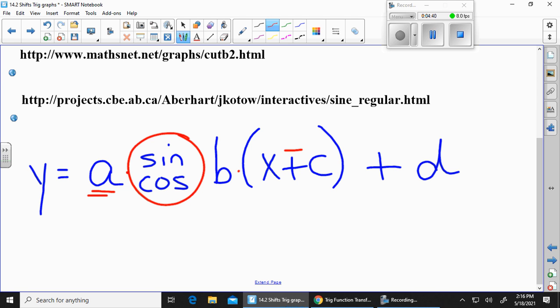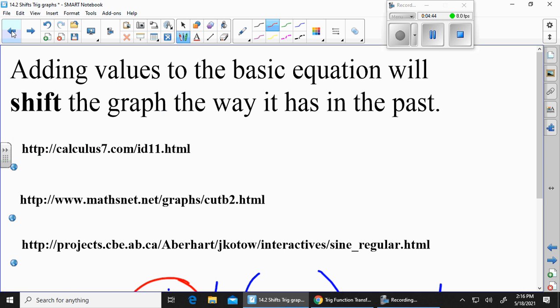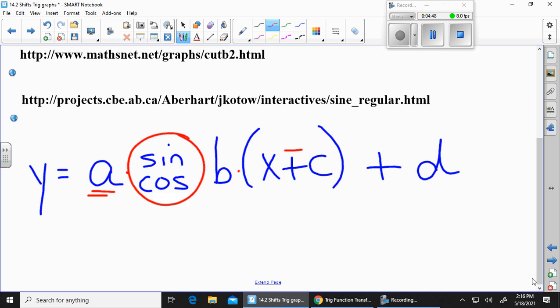So what do our notes really tell us? I'm just looking at what I wrote on your typed notes. From yesterday, that's my amplitude. This controls the period: 2 pi divided by that gives you the period.